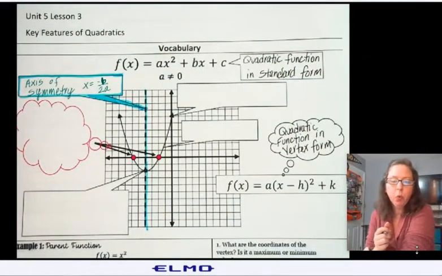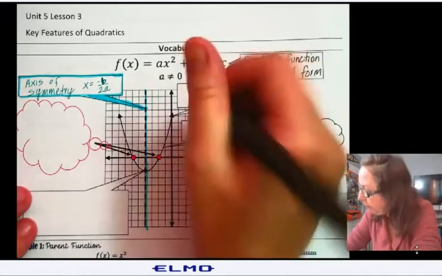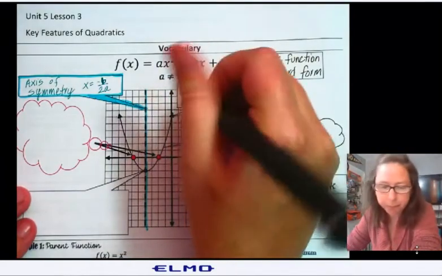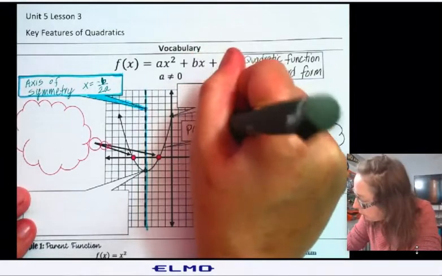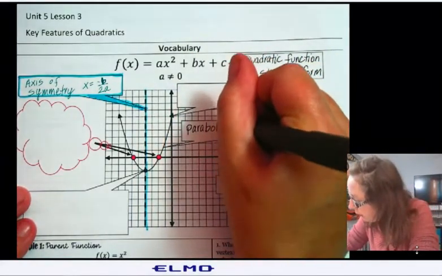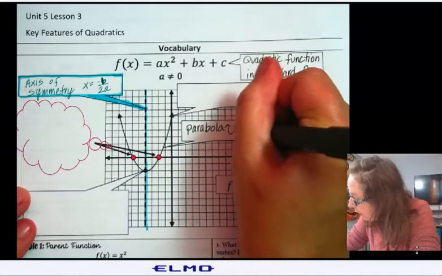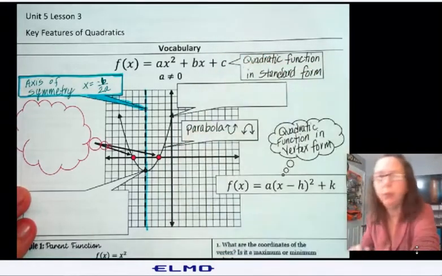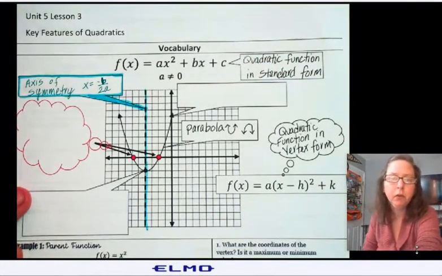When we graph a quadratic, the shape that we get is called a parabola. A parabola will either look like a U or an upside down U. So that is a parabola.